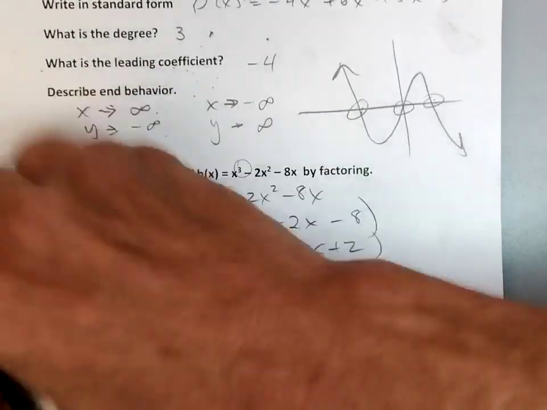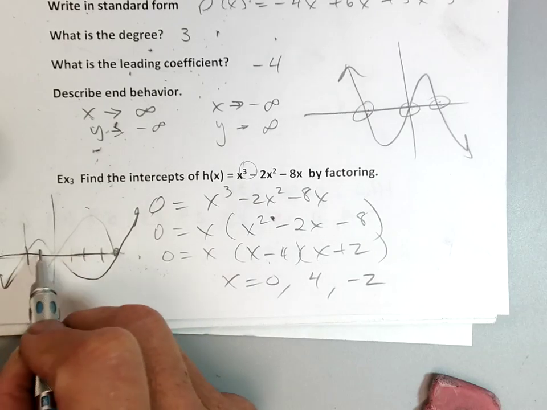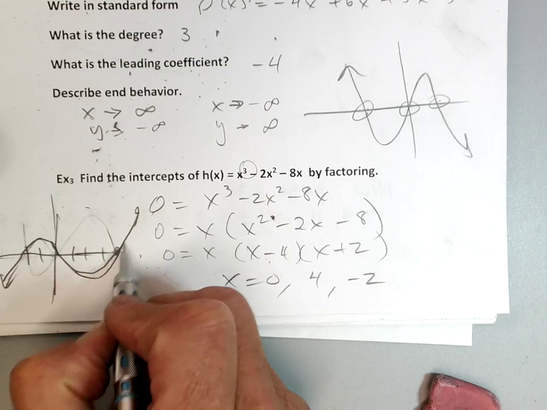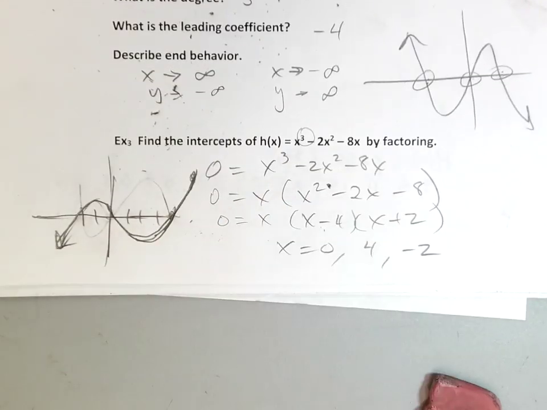Okay, how do I know the graph looks like this? We've got zeros at 0, negative 2, and 4, and 0 again, right? Just kidding.